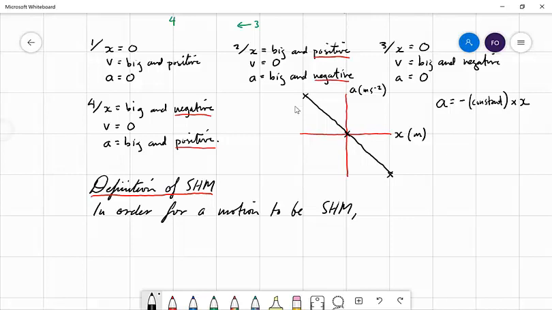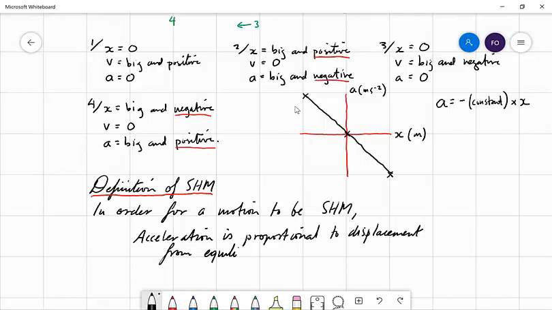So we have to have acceleration is proportional to displacement from equilibrium, and so that's condition 1.